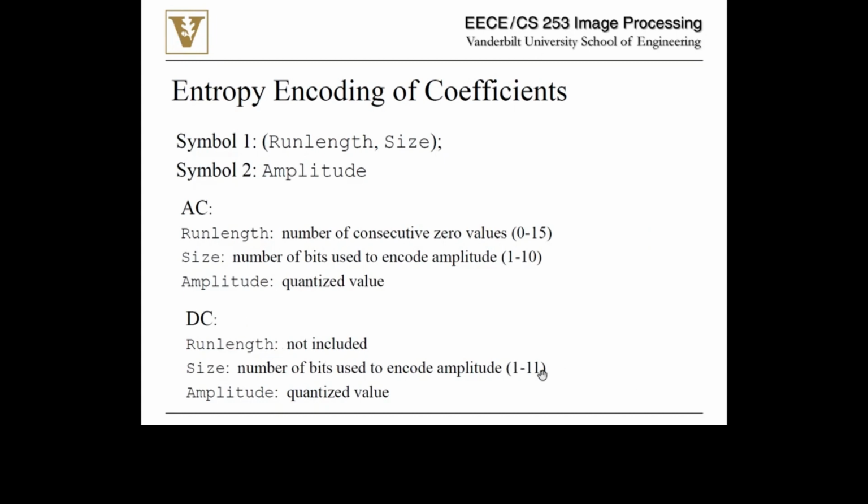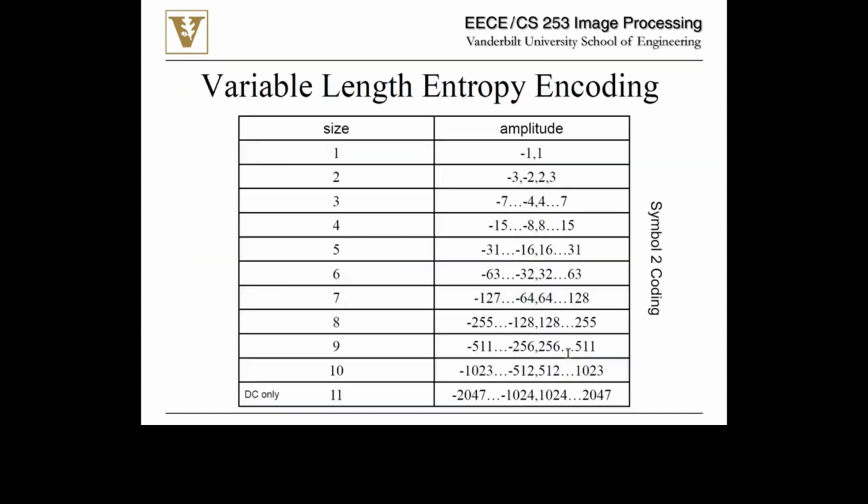The DC, they go from 1 to 11. So this table is shared by the AC from 1 to 10, and the DC goes from 1 to 11. Next, I will send you this size. How many bits do I need to send in the size?